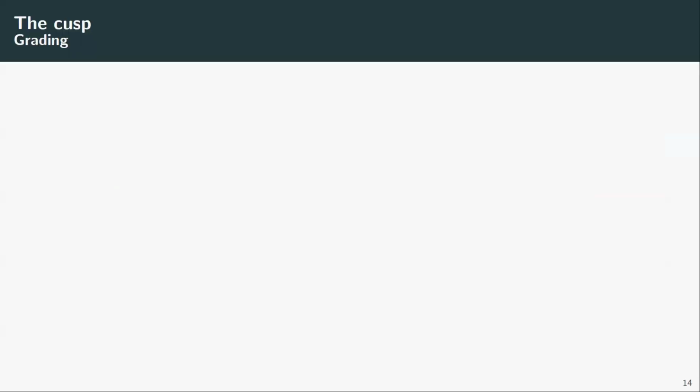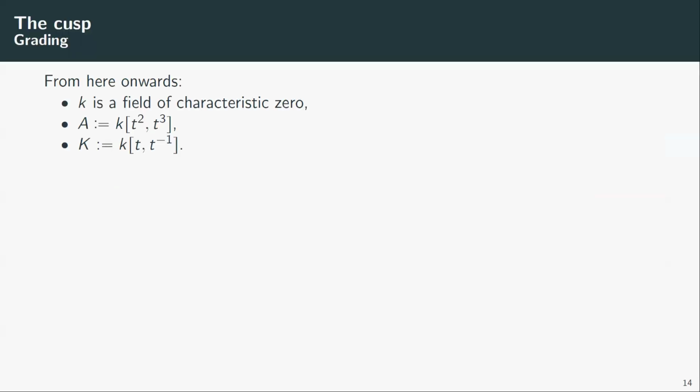So now we are ready to look at our main example, the cusp. From here onwards, I choose K to be a field of characteristic 0, A to be the coordinate ring of the cusp, K[t squared, t cubed], and capital K to be the ring of Laurent polynomials.